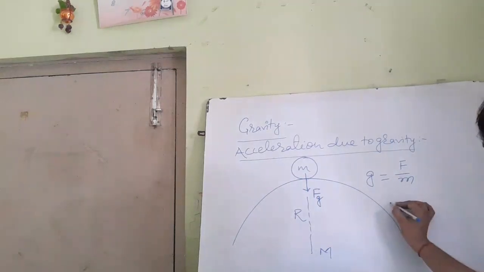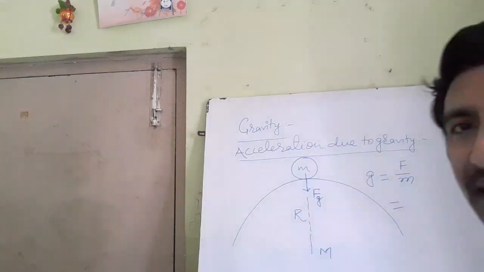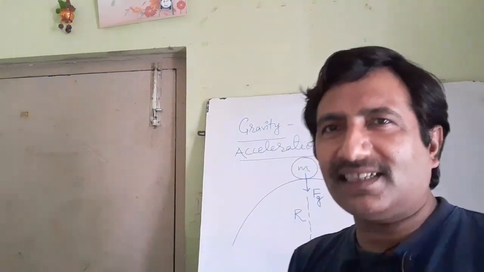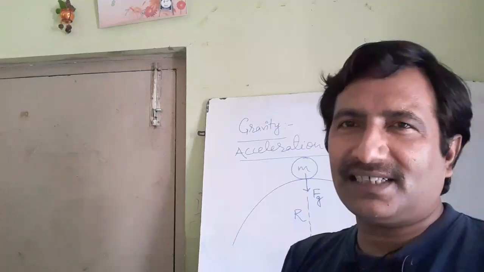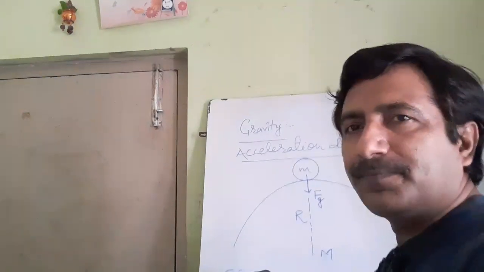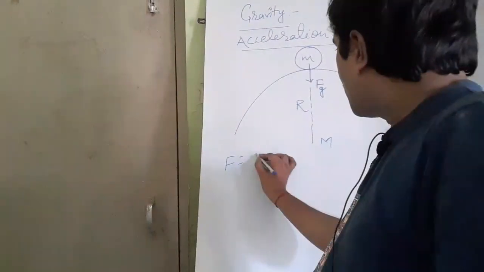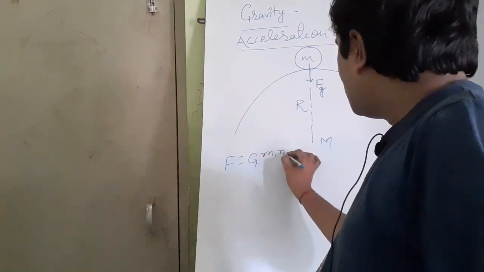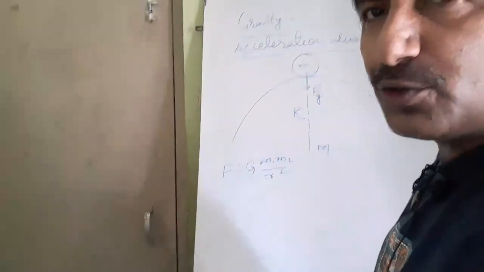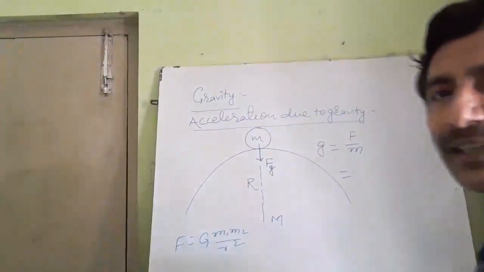This force is the gravitational force of attraction, and you know the formula for gravitational force of attraction from Newton's law of gravitation. It is F is equal to G m1 m2 by r squared. If you use this formula here, what will you write?